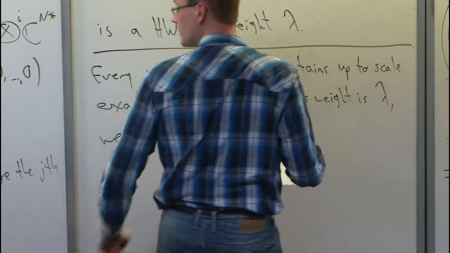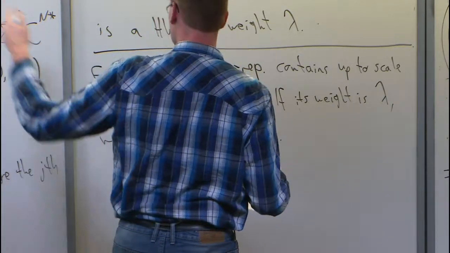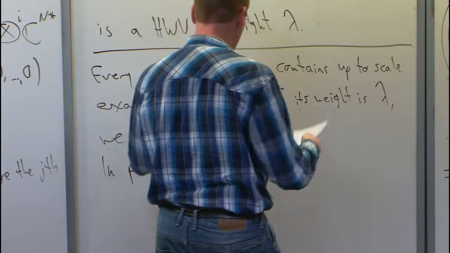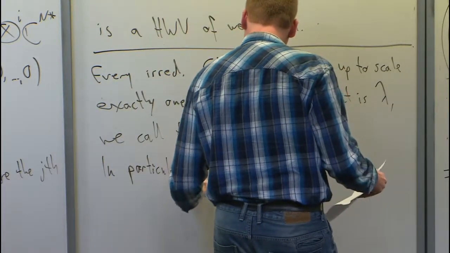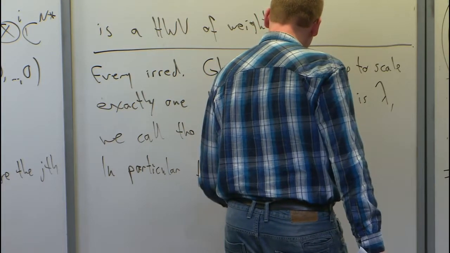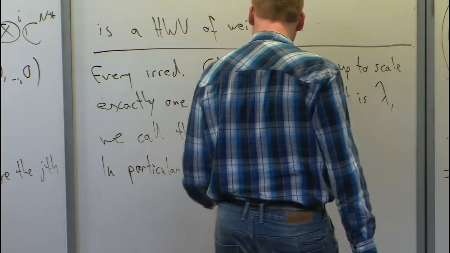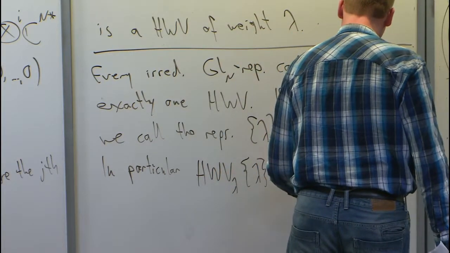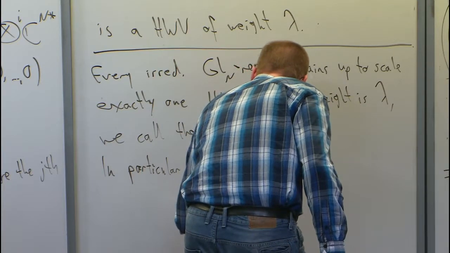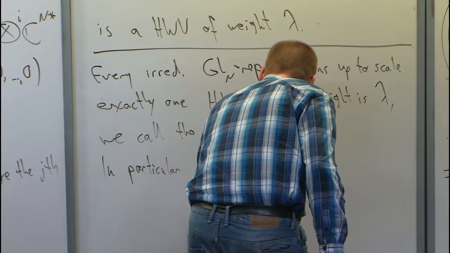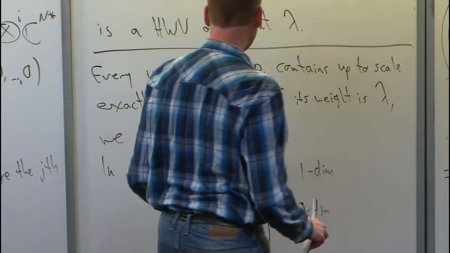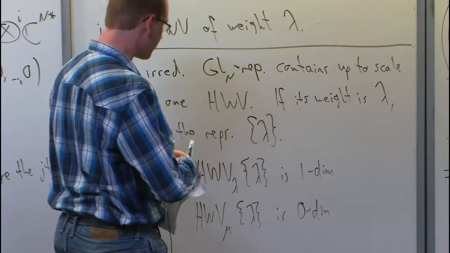And yeah, so in particular, we see that, and this of course all requires proof, in particular, we see that the highest weight vector space with weight lambda of lambda is one-dimensional. And we see that the highest weight vector space of mu of lambda is zero-dimensional, right? So that's zero. Because it has only a single one, and if the weight is correct, this only matches.